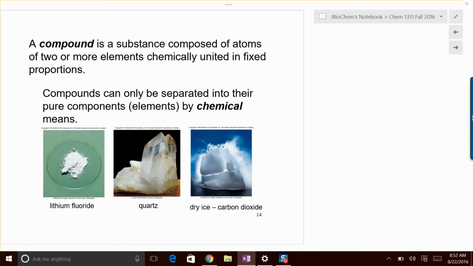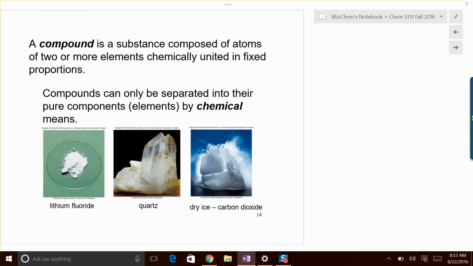I go to the grocery store and I buy some aluminum foil. That's what it's made of. It's an element. Okay? It forms metallic bonds with itself, and that's why it can. These metals are malleable and ductile because of those metal bonds. But it's an element. Okay, it's a pure substance. It's a pure element.